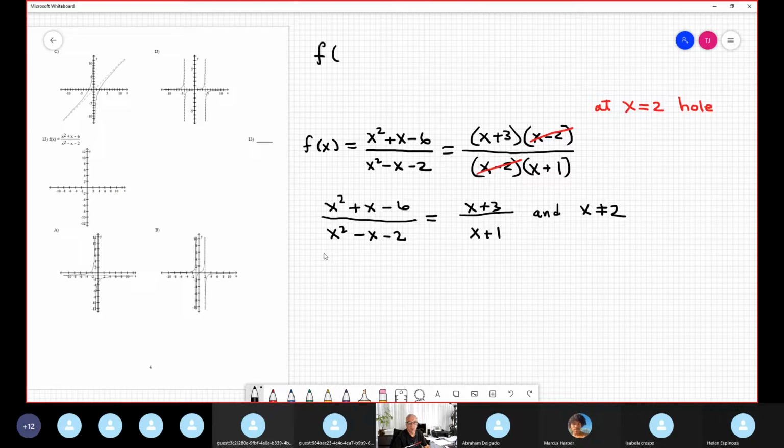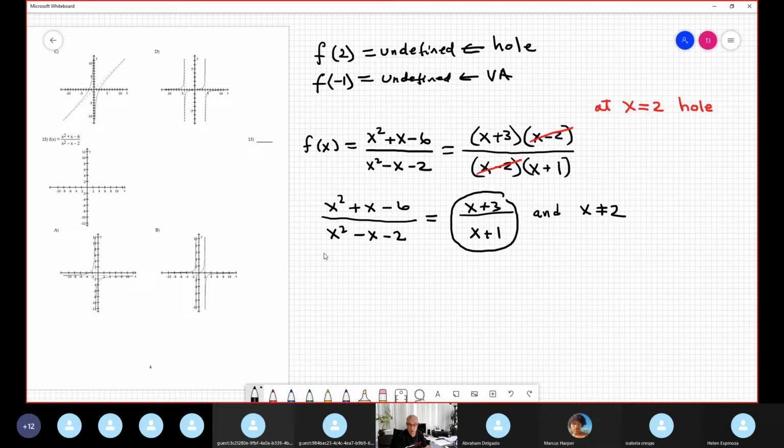Actually, the function evaluated at 2 is undefined, because it creates division by 0. No? The function evaluated at -1, sorry, the only factor that stays in the denominator, is also undefined. But it's a different kind of undefined. This is the hole, and this is the vertical asymptote. Do you understand this very well? So far, when you are detecting the hole, you work using the new expression, and you temporarily forget this guy. Make sense?